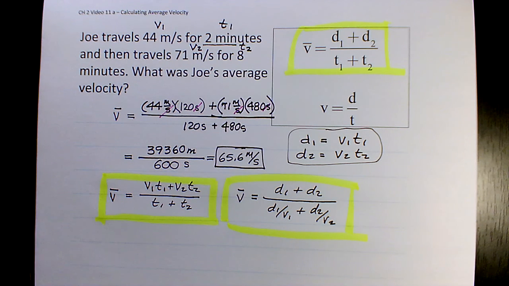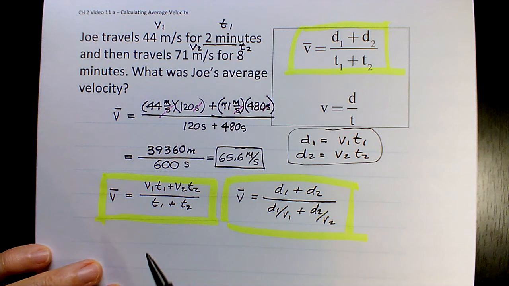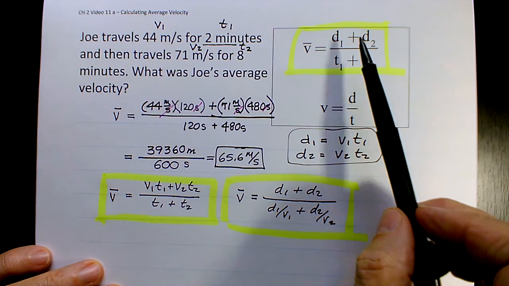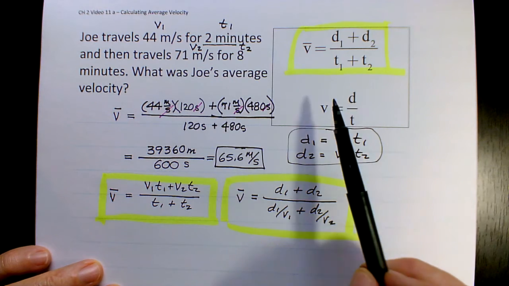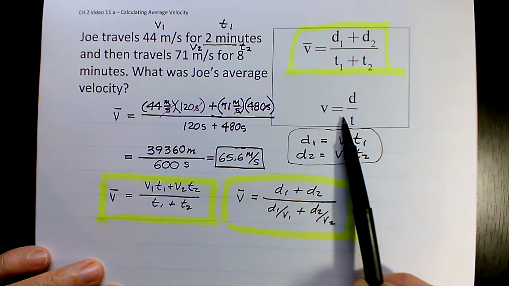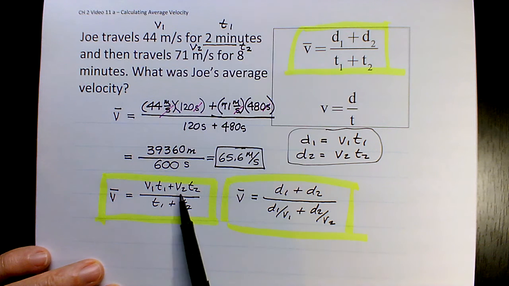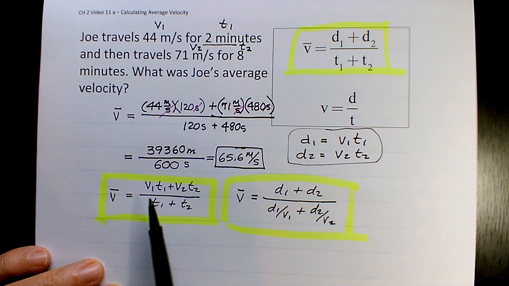Whereas my approach is to say, stop carrying around 3 distinct formulas for 3 different types of problems and stick with the basic definition of average velocity and the definition of velocity itself, and put these 2 together, which is all I did to derive these 2. Because this is time and this happens to be distance.